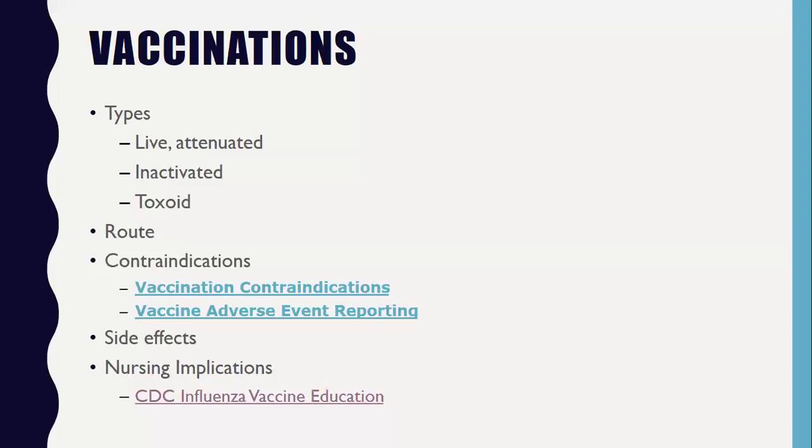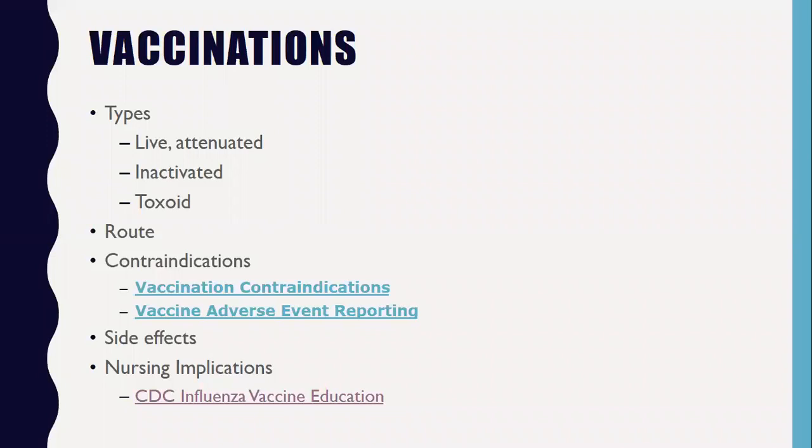Inactivated vaccinations offer a weaker response than a live vaccination. So these are the ones that are going to require boosters, the ones that you would have to continue to get boosters for. It is a killed vaccination, so it does not promote replication and typically only provides about 40 to 70% protection.